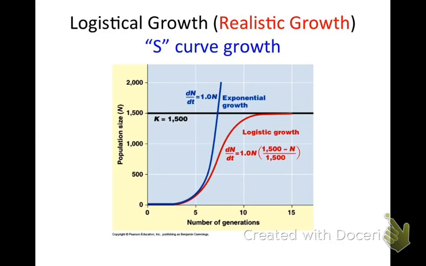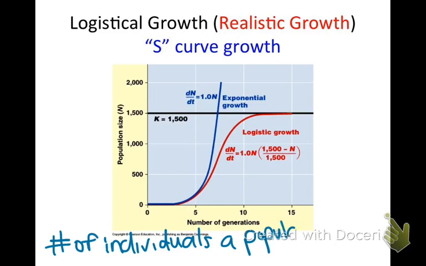Carrying capacity, please write down somewhere that it is the number of individuals a population can support. Now they are going to be able to support that number before something runs out, like food, water, space. So that's carrying capacity. That's why we have that K.